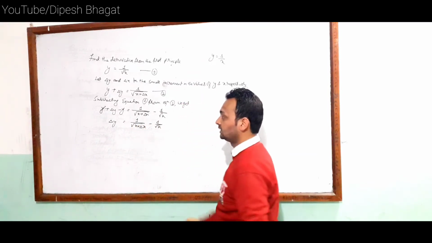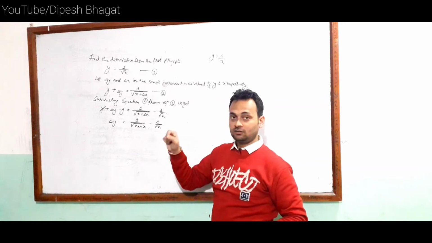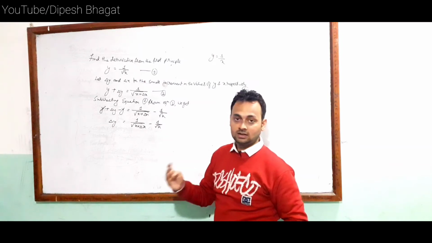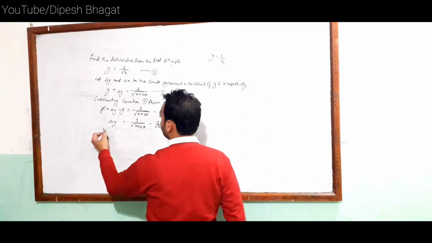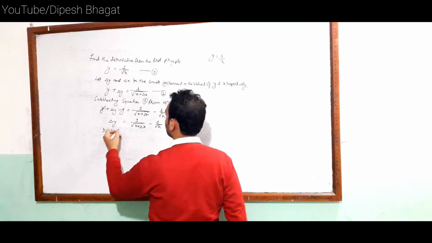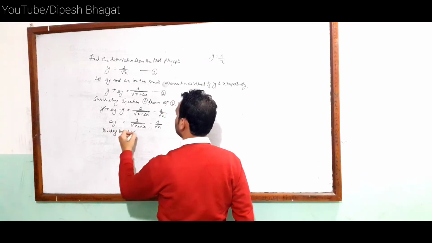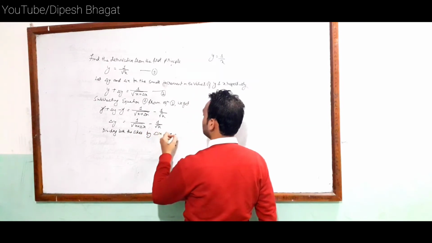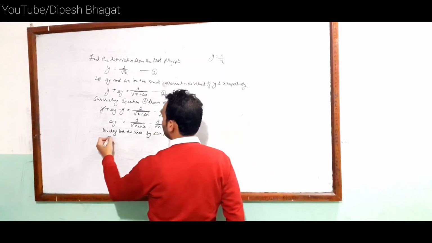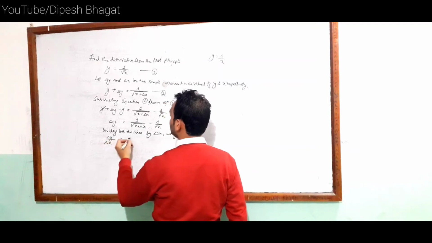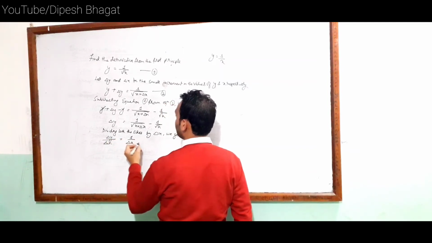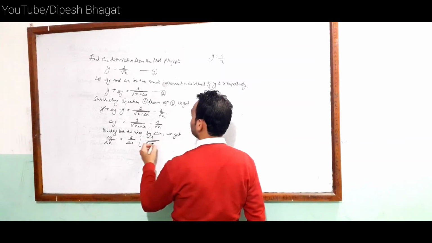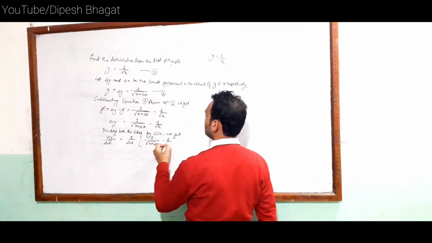Now after getting this step, what we can do is divide both the sides by delta x. So dividing both the sides by delta x we get, delta y by delta x equals 1 by delta x into 1 by root under x plus delta x minus 1 by root x.